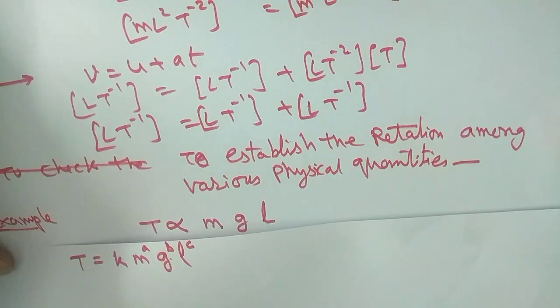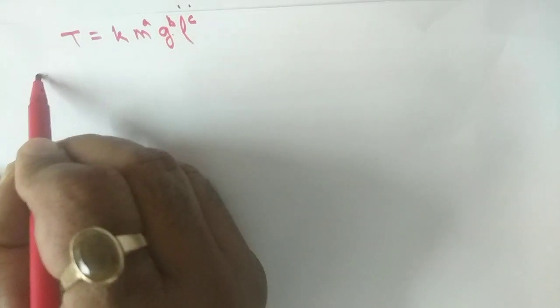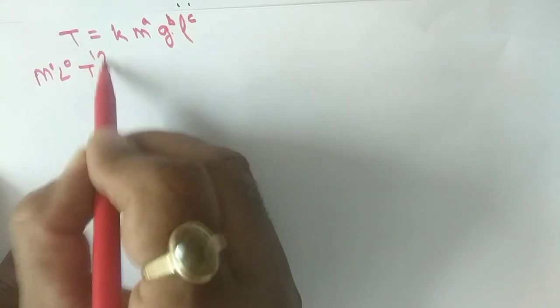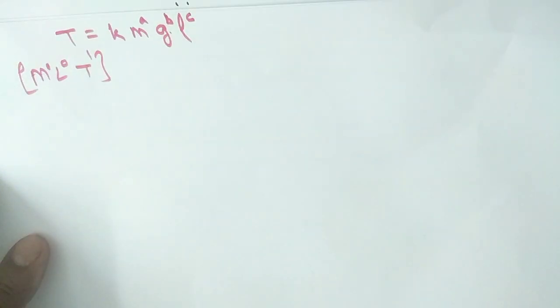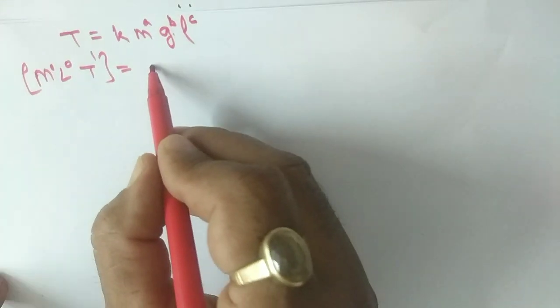So dear students, in the next step we'll write the dimensions of both sides. Time has dimensions M to the power 0, L to the power 0, and T to the power 1. This is this side. K is a constant, no need to write it.